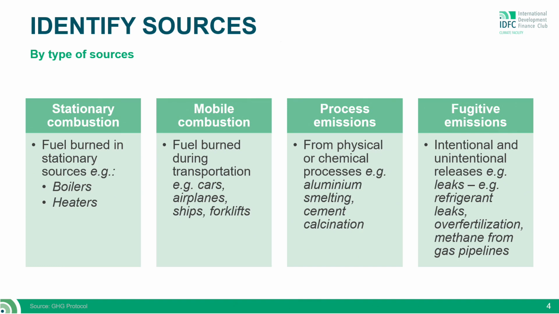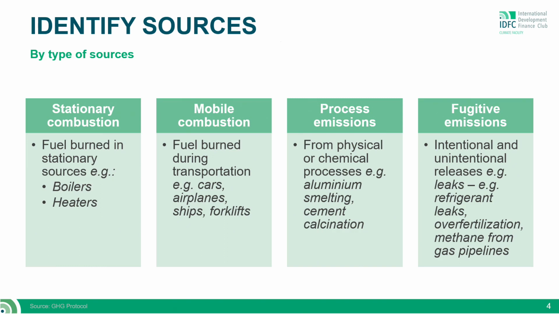Process emissions are any production-related, process-related activities from production lines and so on, whether physical or chemical emissions connected with chemical reactions, for example, production of aluminum, smelting, cement calcination, or production of products where you're just using, for example, electricity in the production line.